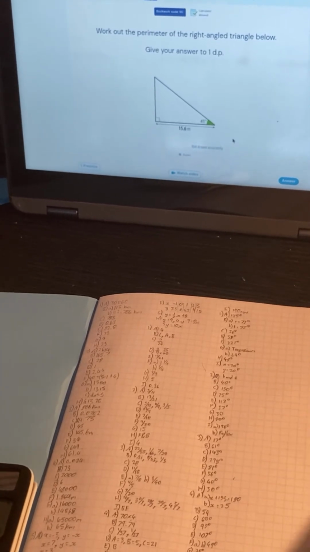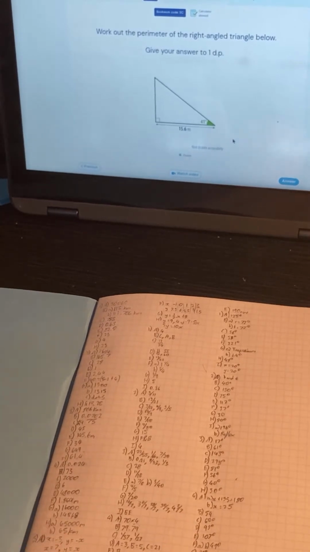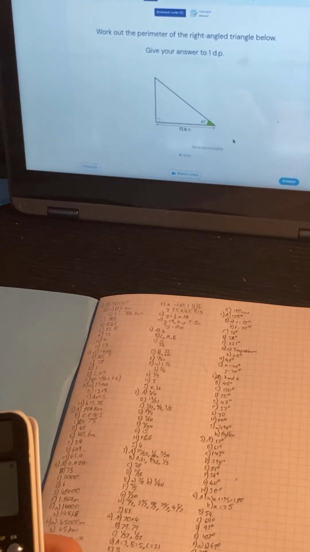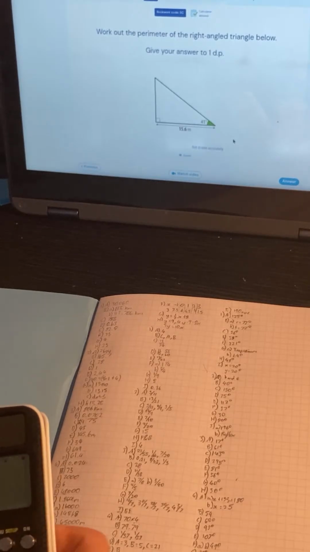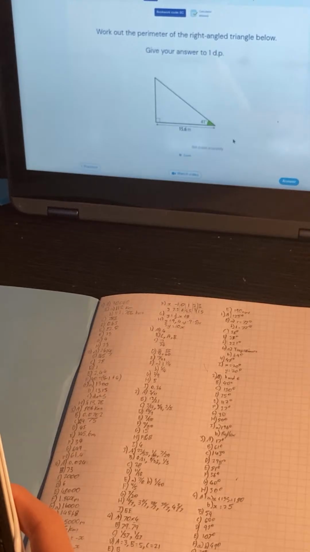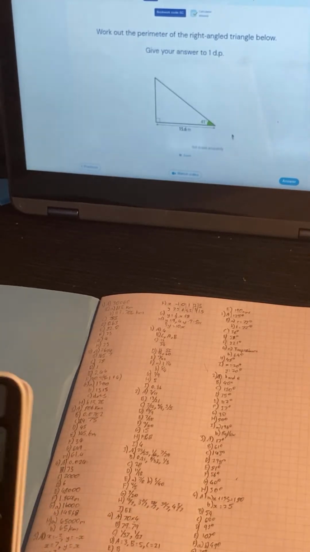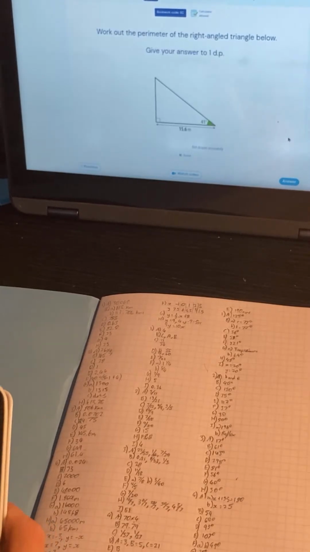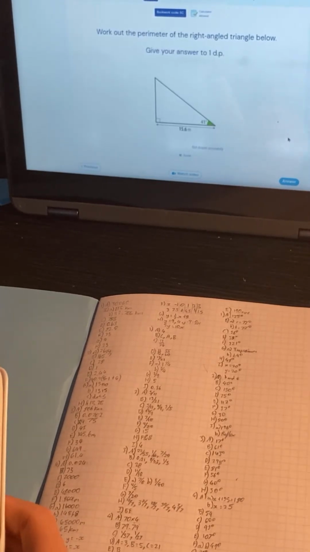Perimeter. Oh, trigonometry. Opposite over adjacent. TOA. So, tangent. Where's tangent? Tangent. Opposite over adjacent. So, we just times by tangent 41 times by 15.6. So that's one of them. Store as A. And then adjacent and hypotenuse is cosine.